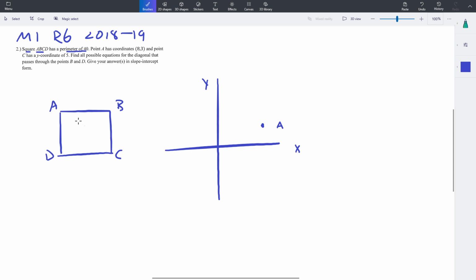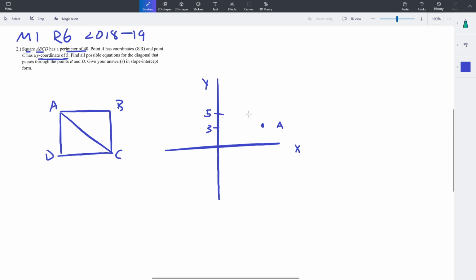Now, notice that A and C are opposite from each other. So that should be kind of important to know. The opposite corner has a y coordinate of 5. So if you recall, 3 is over here, so 5 should be around there.